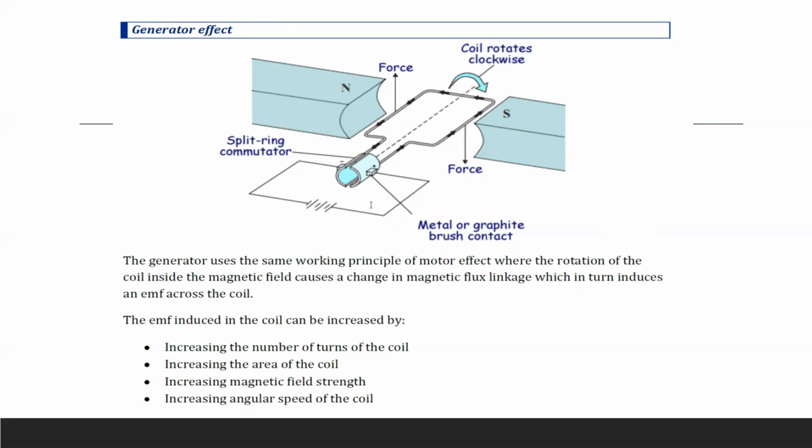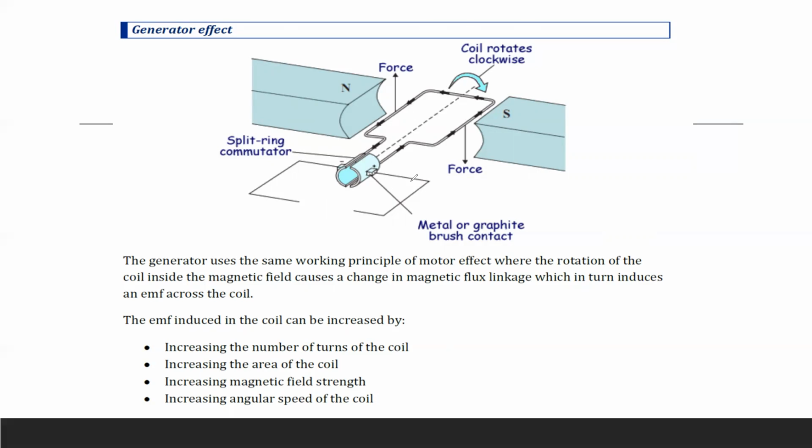This is actually a motor that is shown, because it has a supply and split rings. If it was a generator, this part would not have any source or battery. It would have a load like a resistor or anything.